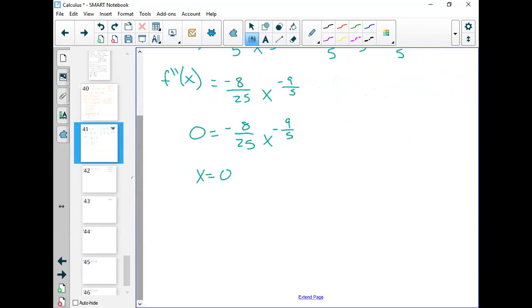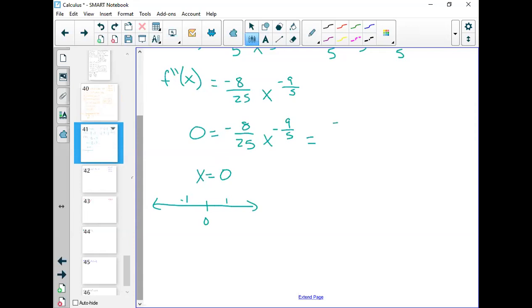So, done. Again, this is not necessarily an inflection point. We have to test it to make sure. Negative 1 and 1, I love those. 1 to the power of 9 over 5. So remember, a negative just means that you flip it to the bottom.